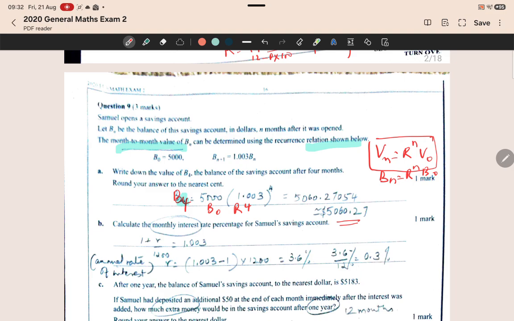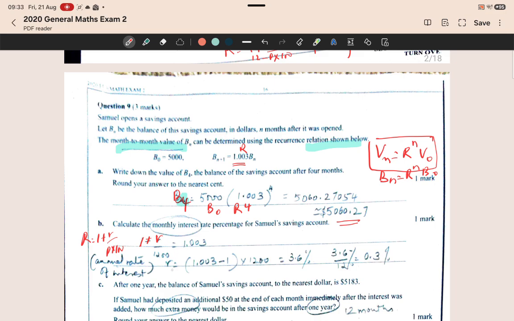Calculate the monthly rate percentage of Samuel's savings account, monthly interest rate percent. So we know that this R value is associated with the interest rate, and 1.003 can be calculated by adding 1 plus r over 1200, because R is equal to 1 plus r over P times 100, which is equal to 1.003.